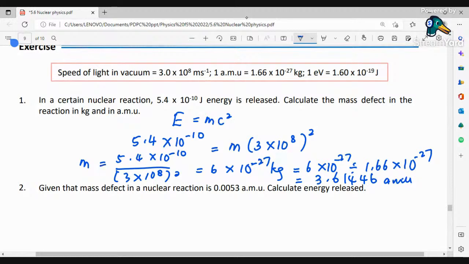Okay, given mass defect, calculate energy release.